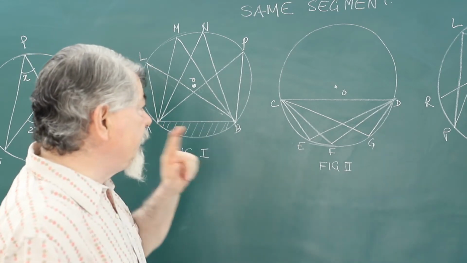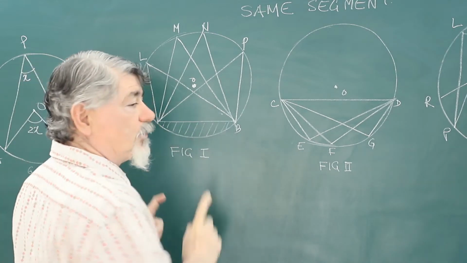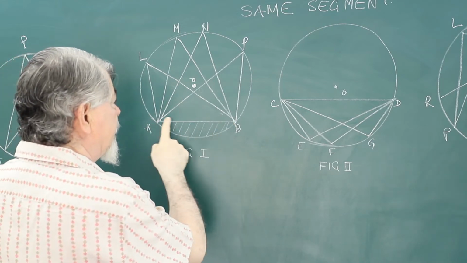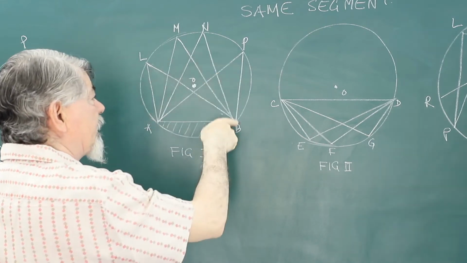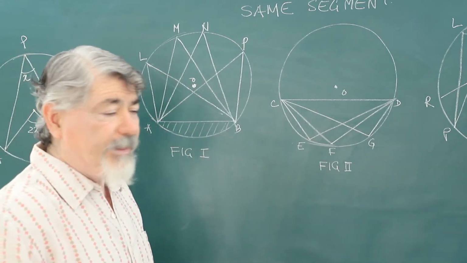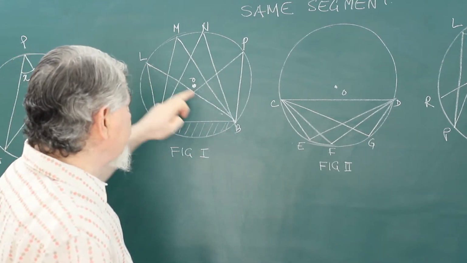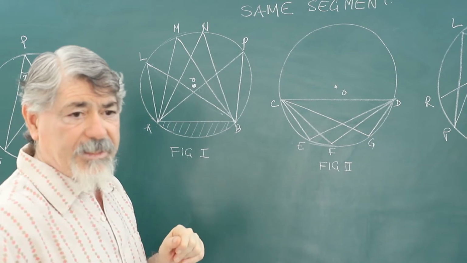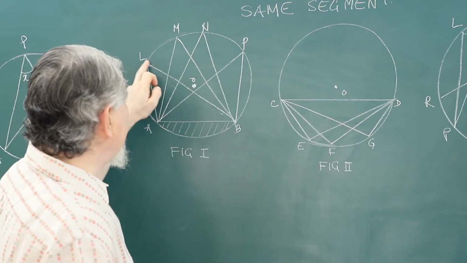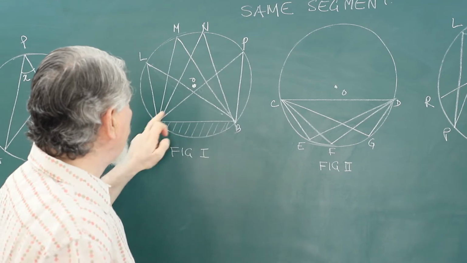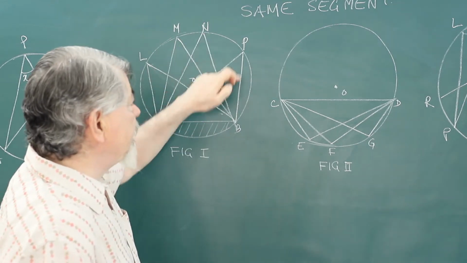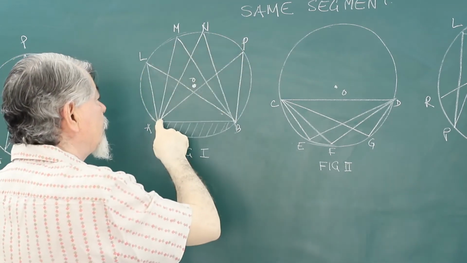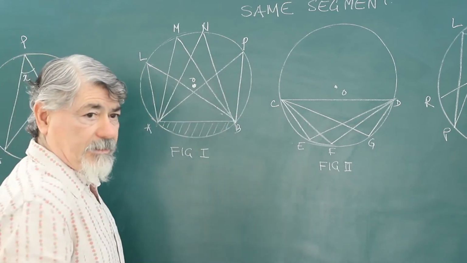Now, we have to be very careful. If AB is the chord, suppose with AB we have formed many triangles in the major segment, where the vertex of each triangle lies somewhere on the major arc. The vertices L, M, N, P of all these triangles ABL, AMB, ANB or APB are lying on the major arc.